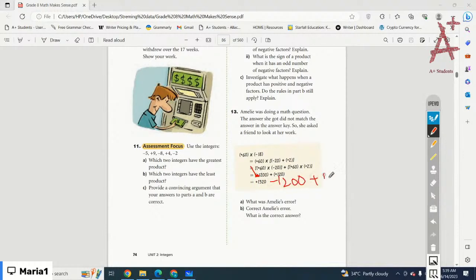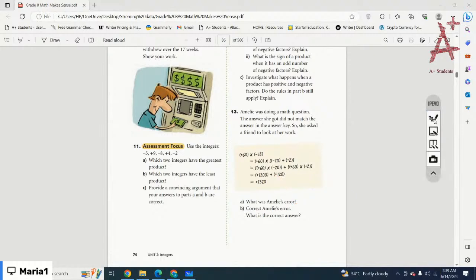It would be negative 1200 plus 120. So when you combine them, it would be negative 1080. That is the error she made. It should be a negative sign over here, but by mistake she put a positive sign. You can see that's why her answer is wrong. Got it?